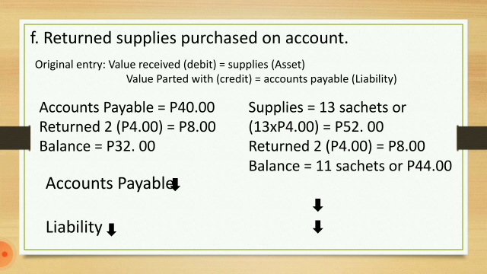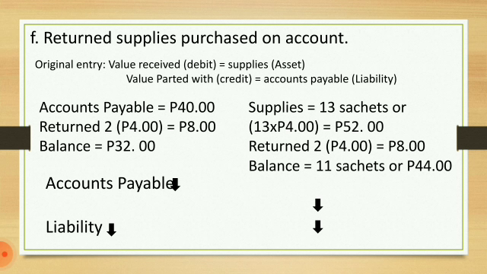So from the original supplies that you had, like 3, and then plus 10, you got 13. Let's compute the value. So that's 13 times 4 pesos. So that's a total of 52 pesos.